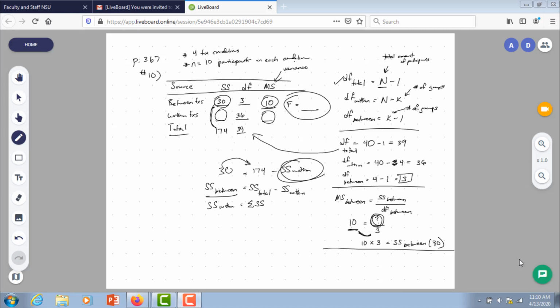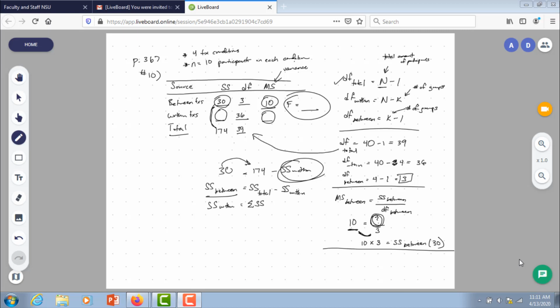In other words, adding these two columns should always give you that total column for sum of squares. Adding these two rows should always give you that total degree of freedom there.